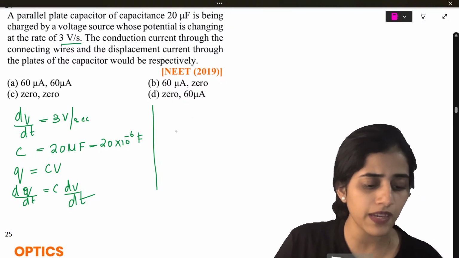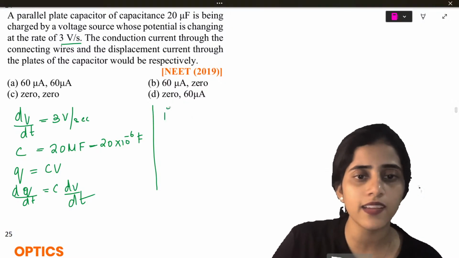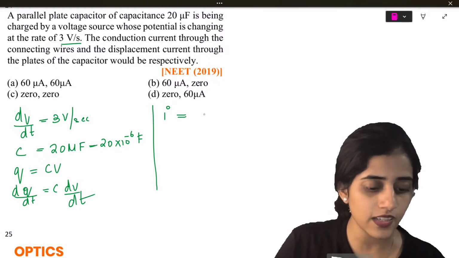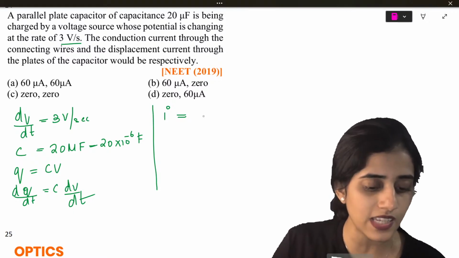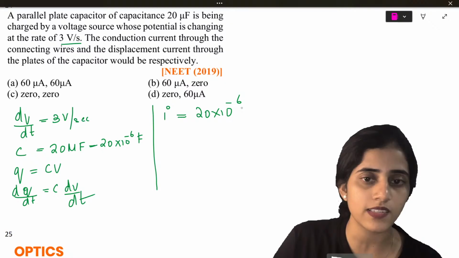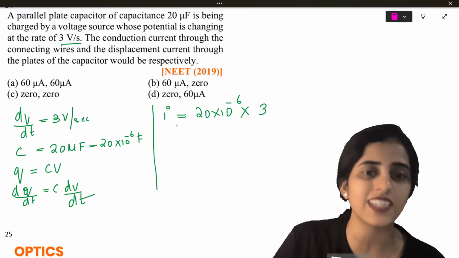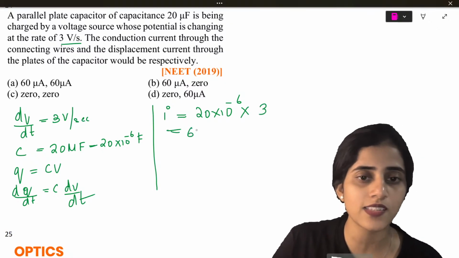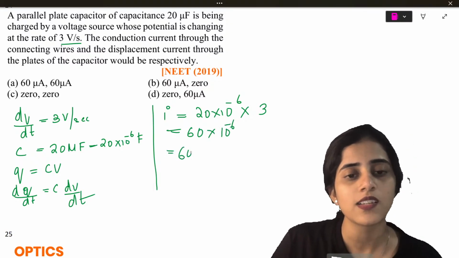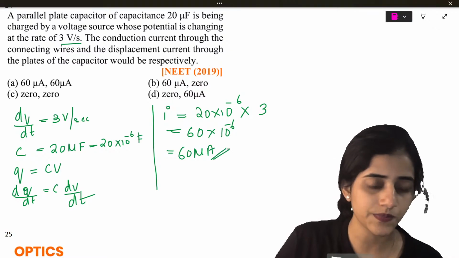So simple math. What is dQ by dt? I, current. So current will be equal to C into dV by dt. What is C? 20 microfarad. So 20 into 10 raised to minus 6 into 3. So 3 into 2 is 6. So this will be 60 into 10 raised to minus 6, which is 60 microamps.